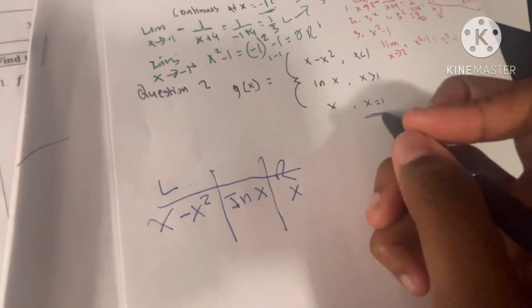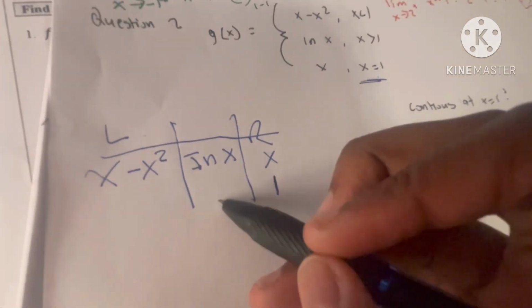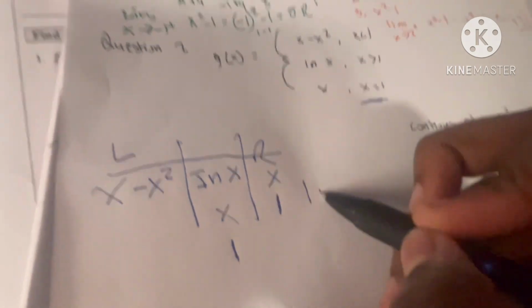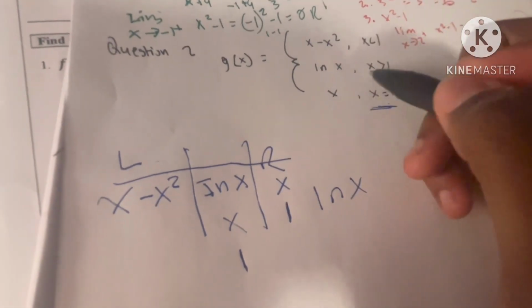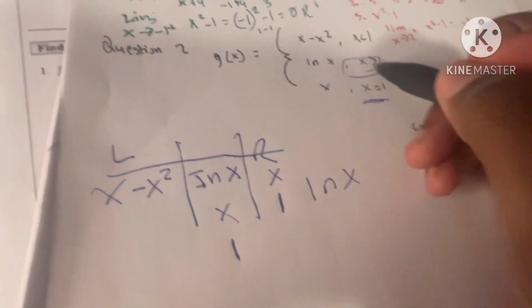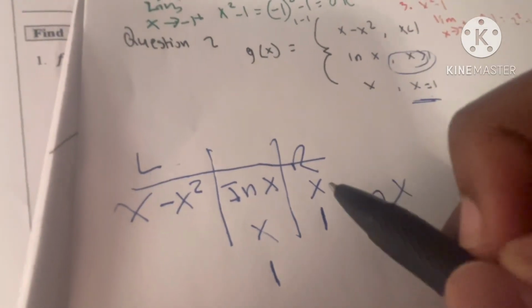But you see that your x has to equal 1. I got it wrong. I am so sorry. This one is supposed to be x, which is 1, and your right is supposed to be log of x. See, that's what I get for not paying attention, because right here it says x is greater than 1. So this will be your right side.